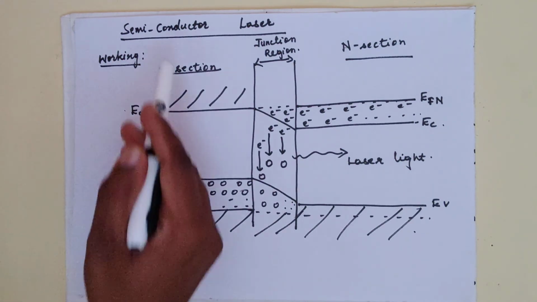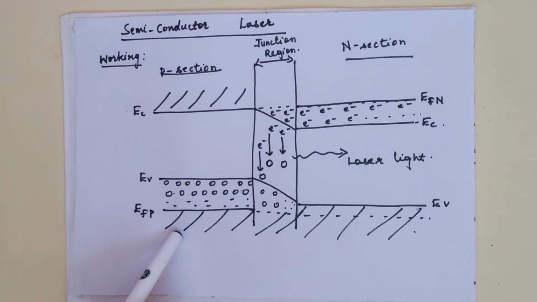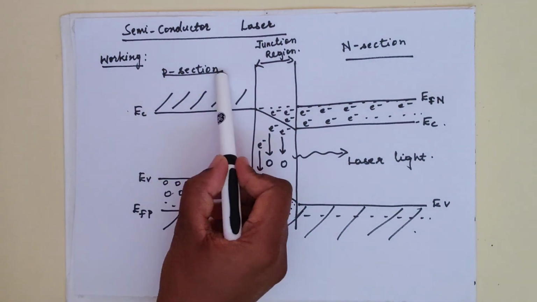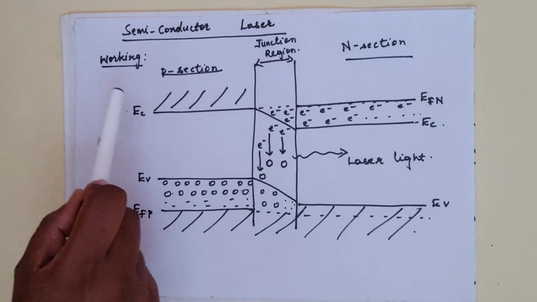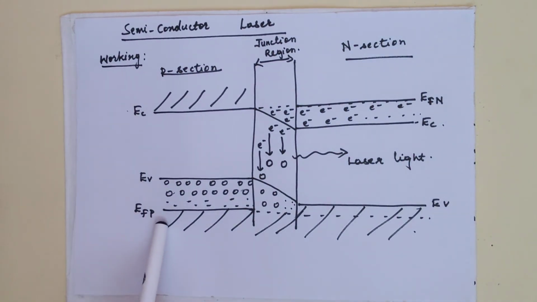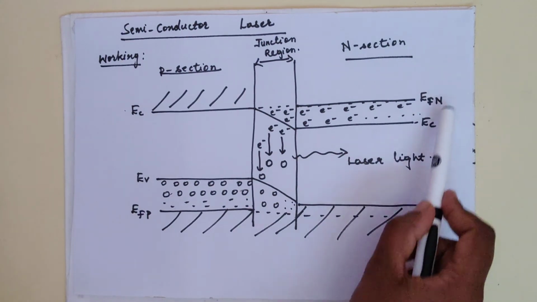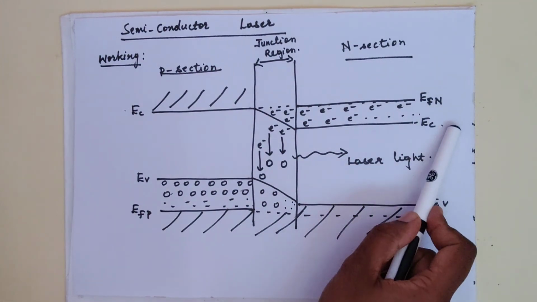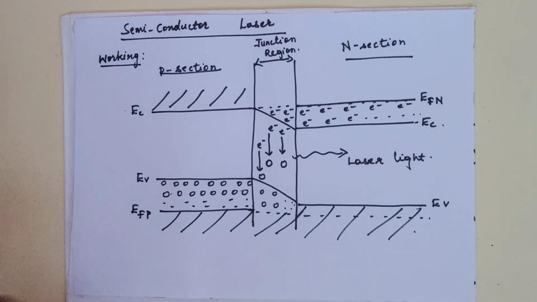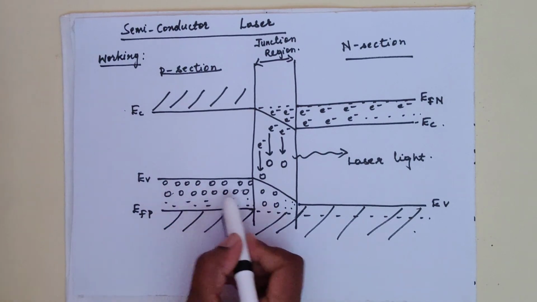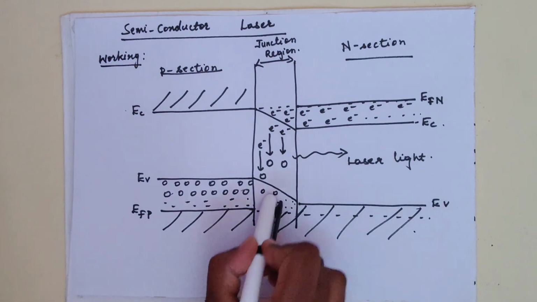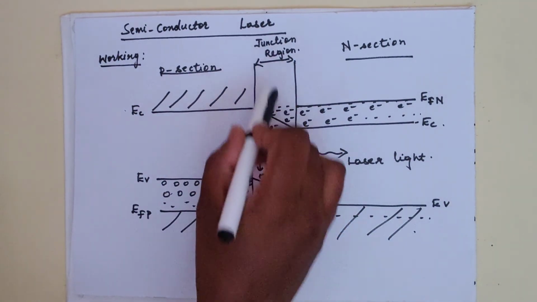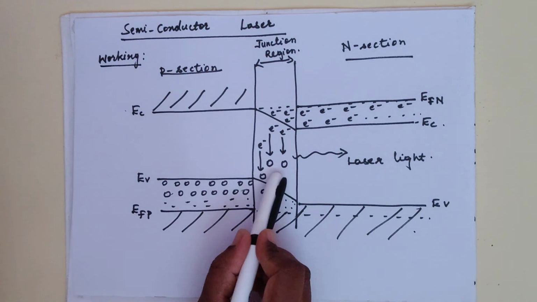Briefly, I'll explain how the working is explained. Here we have a P section and an N section, with a conduction band, valence band and Fermi level in the P section, and the Fermi level above the conduction band in the N type, a heavily doped semiconductor. As the voltage is applied, the holes start crossing the barrier and electrons also enter the junction region, due to which recombination occurs.